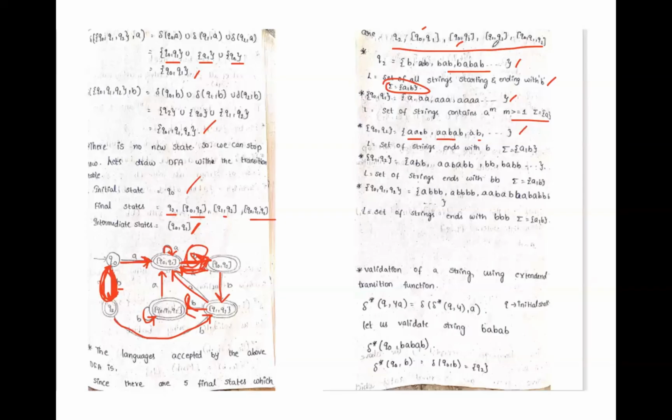Then the fourth state is Q1, Q2. If you start from Q0, Q0 on A goes to Q0, Q1, and there is no direct path to this state. So Q0, Q1 on B goes to Q0, Q2, and Q0, Q2 on B goes to Q0, Q1, Q2. So you'll get ABB, which is the minimum string.